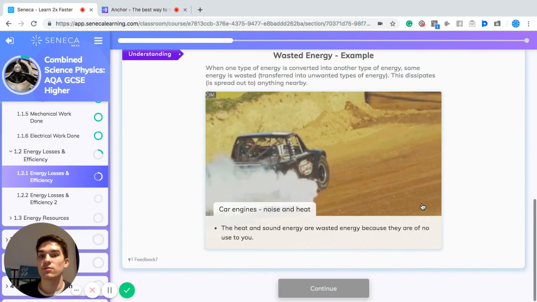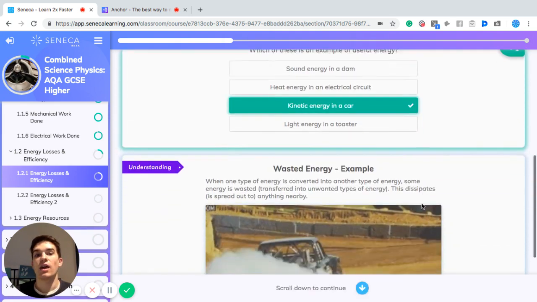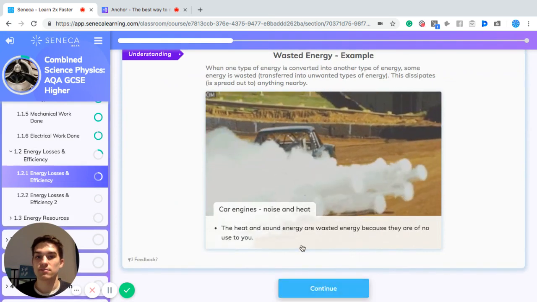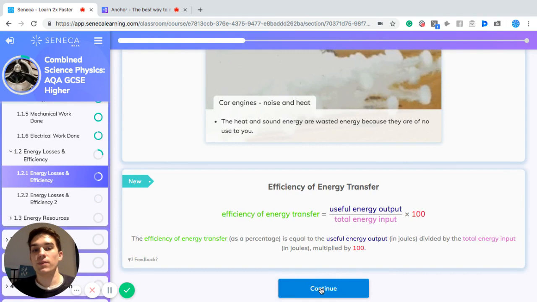An example of energy that's not useful would be something like light energy coming from a toaster. And remember, the energy that's lost from car engines that's not useful, and it dissipates, is things like sound energy and heat energy, which are not useful to what we want a car to do.